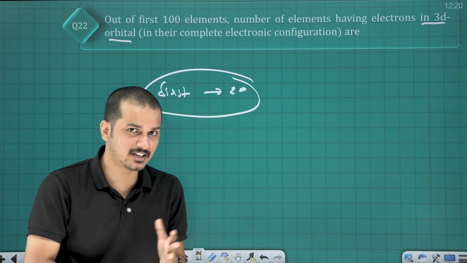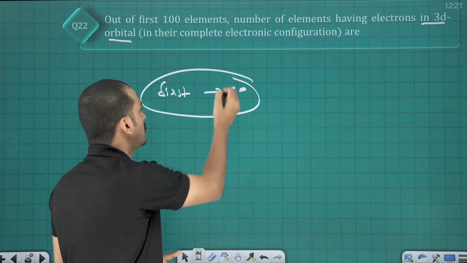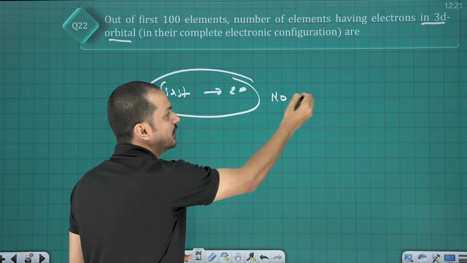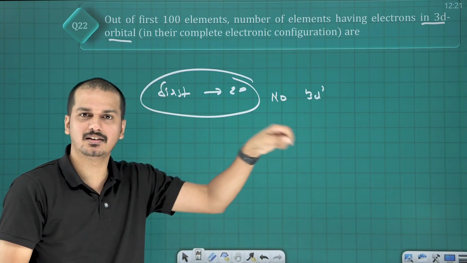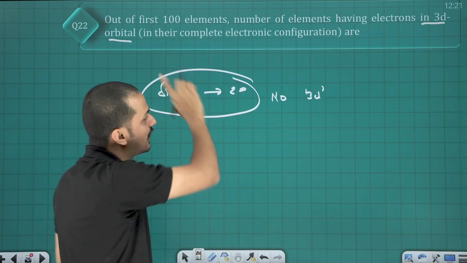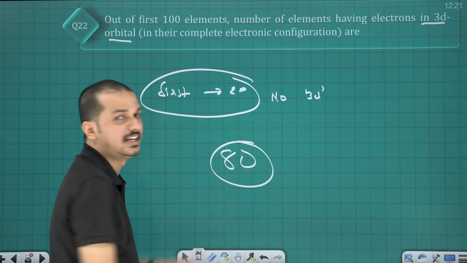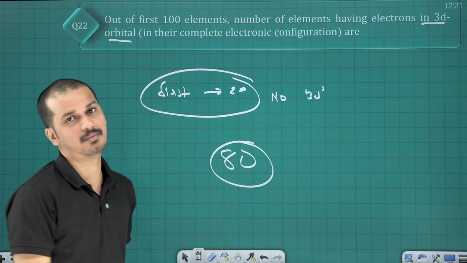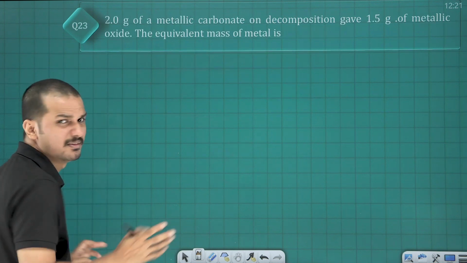Correct? From scandium onwards, d electrons are there, 3d is filling. So the first 20 have no 3d electron. After that, everything contains d electrons, especially 3d electrons. So out of the 100, we can subtract the first 20. So 80 elements will contain 3d electrons. So the answer is 80. Simple, direct question.